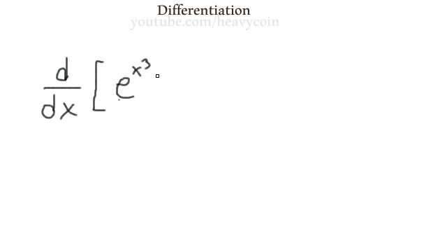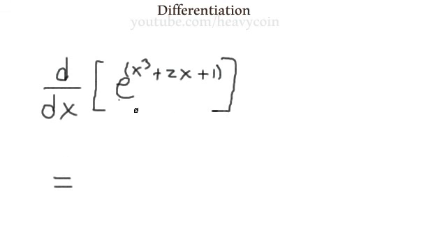Okay, moving right along. I'm going to go back to some other notation here so you don't forget it. So this operator says, hey look, we need to take the derivative of what's in the brackets here. And let's see, we have x cubed plus 2x plus 1. Okay, and I'm going to go ahead and put a parentheses around that. So this notation says, look, we want to take the derivative of this with respect to x.